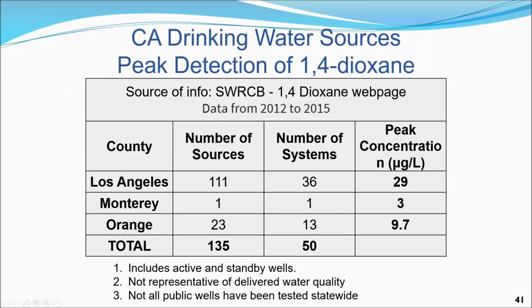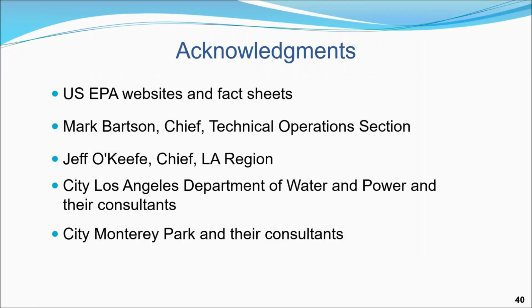I wanted to acknowledge these people, especially my boss, but also our chief in the LA region, the EPA website, and a couple of cities that are dealing with 1,4-dioxane.